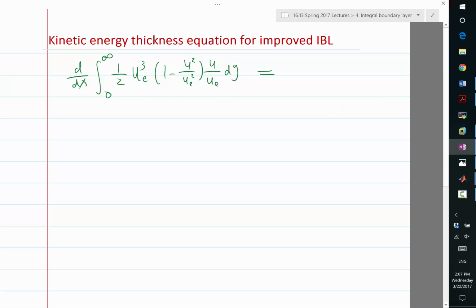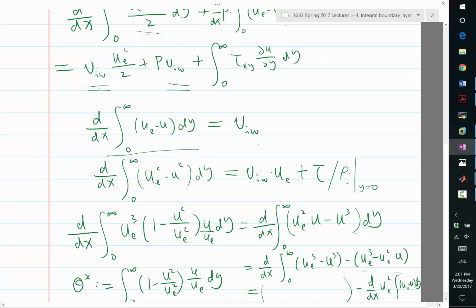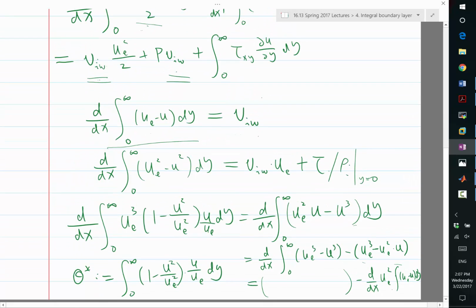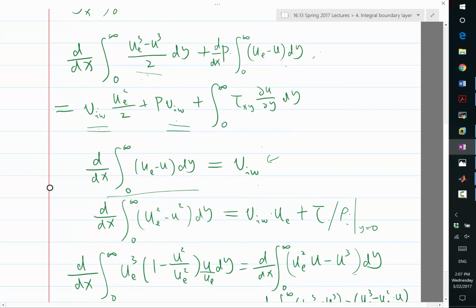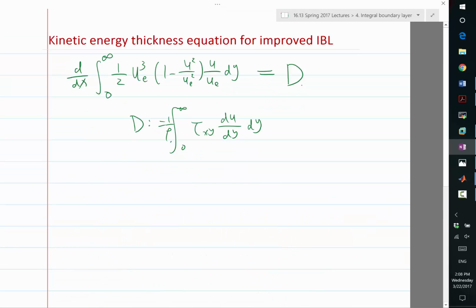What you get is everything cancels out except for the dissipation, where the dissipation is defined as the integration from 0 to infinity of tau xy du dy divided by the density. So it turns out when you plug in this equation up to here, the pressure term cancels with all these right hand sides, and what you have is only the change in the kinetic energy defect and the dissipation.